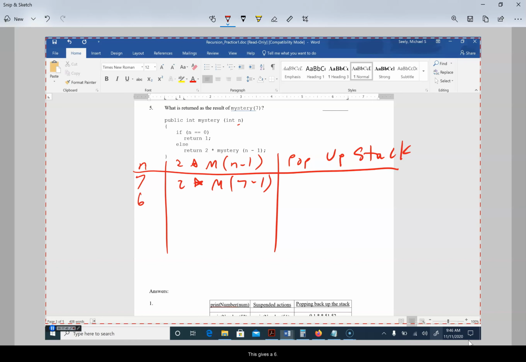This gives us 6. Because remember, we only get out of this if it's equal to 1, and when it does, we return 1.